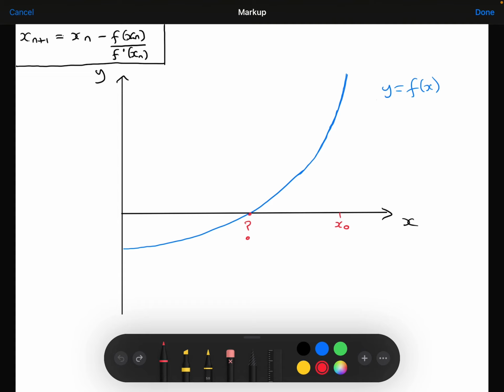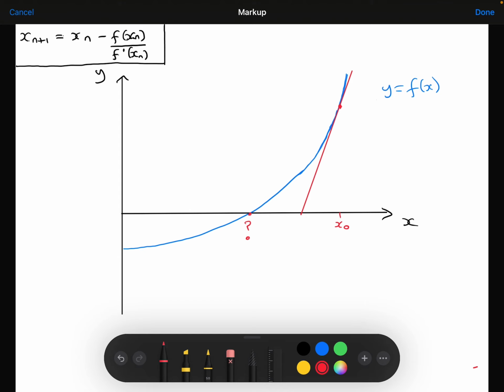It's nowhere near that. But what I'm going to do is at the point x0, I'm going to draw a tangent. And I'm going to find where that tangent intersects with the x-axis.